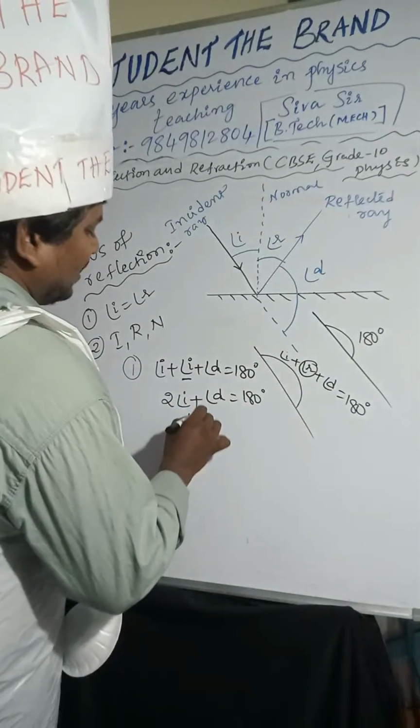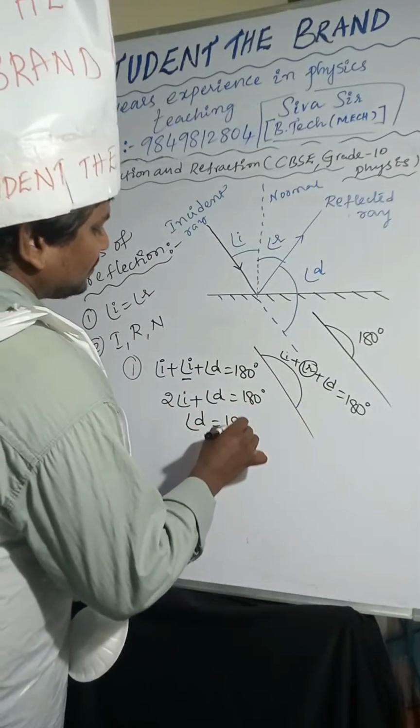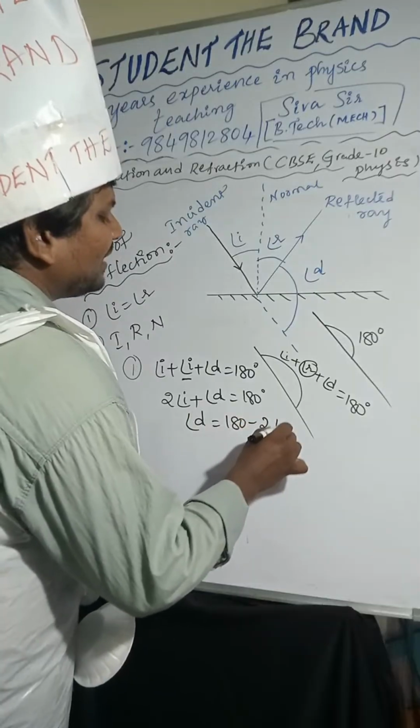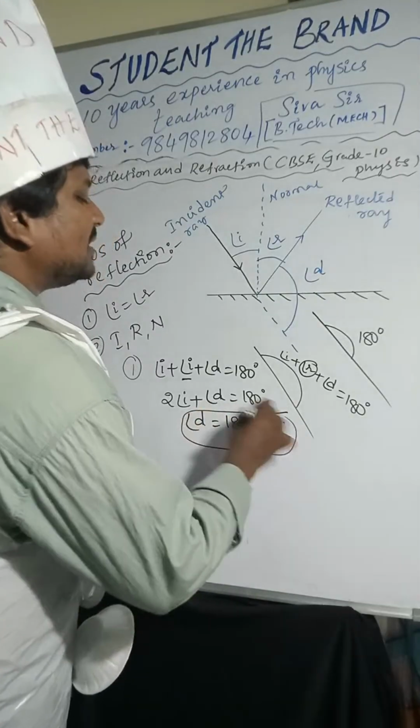Angle of deviation equals 180 minus 2 times the angle of incidence.